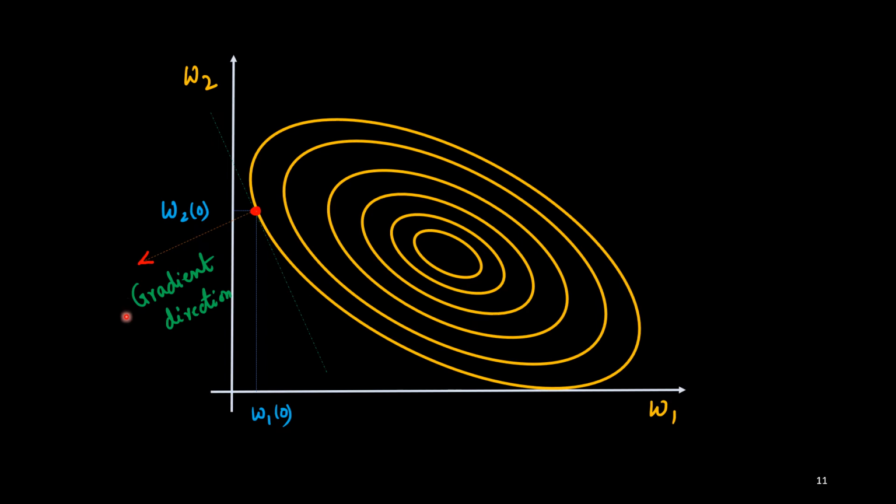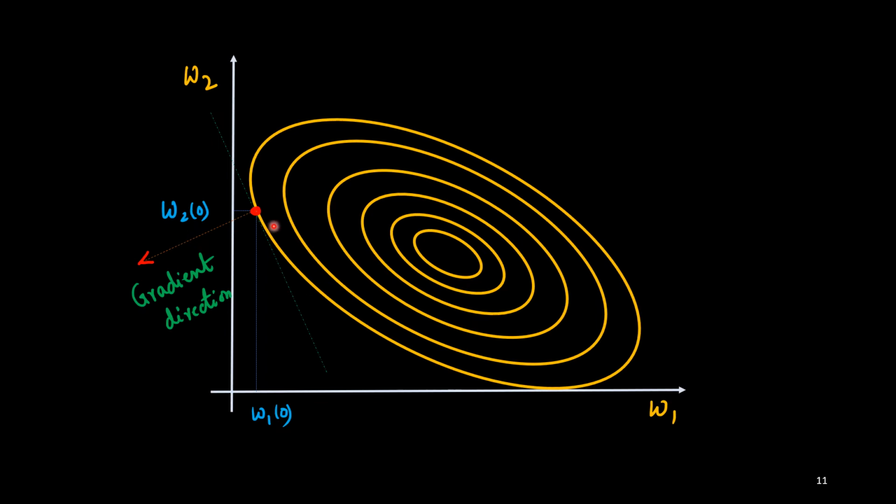The gradient direction indicates that in this direction the function is increasing with maximum rate. So the gradient of this cost function will give you one direction in which the function is increasing with maximum rate, and the magnitude of the gradient is also given.